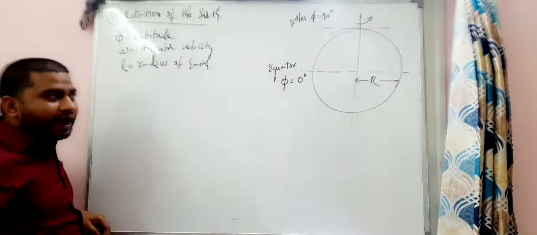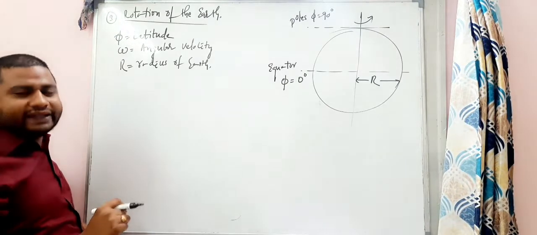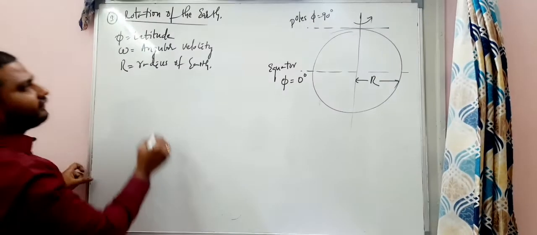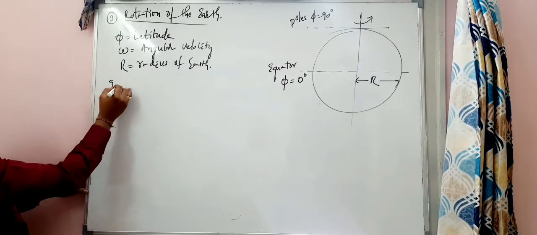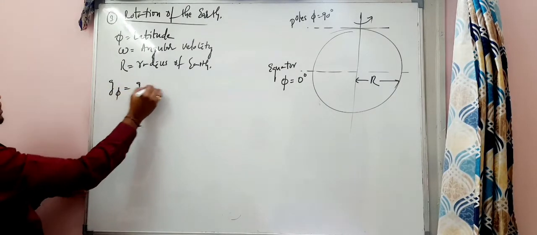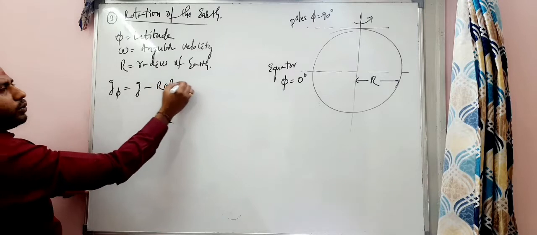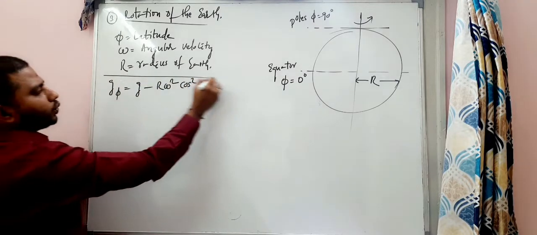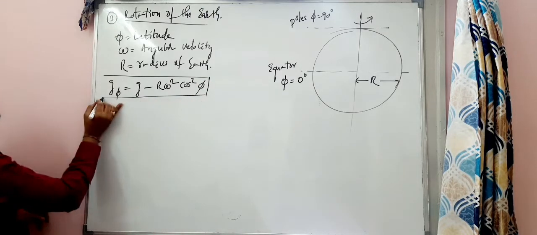At any point, at any latitude, the acceleration due to gravity expression is g phi equals g minus r omega squared cos squared phi. This is an important expression, my dear students.